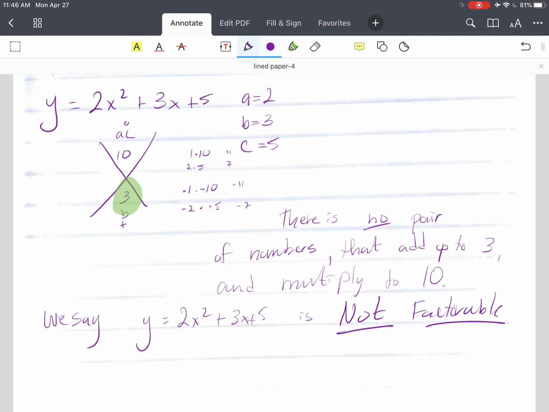It is impossible for us to find two numbers that multiply to 10 and add up to 3. We say it's not factorable. With an asterisk, obviously.